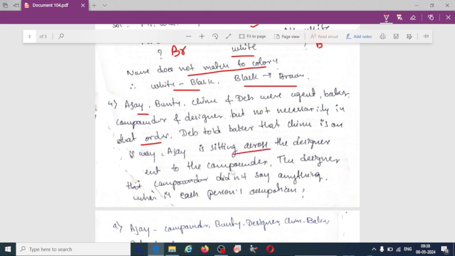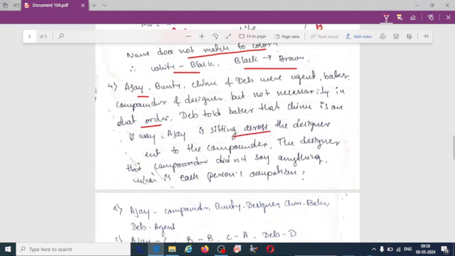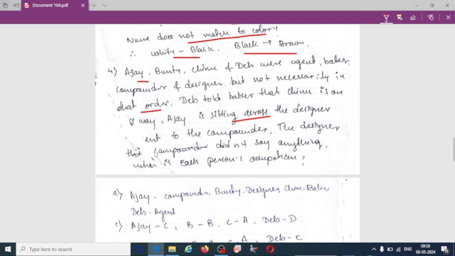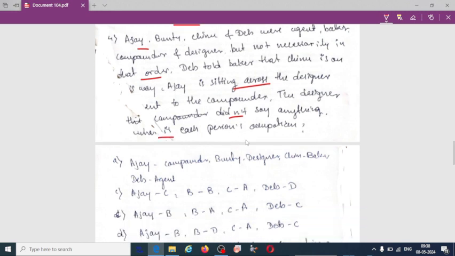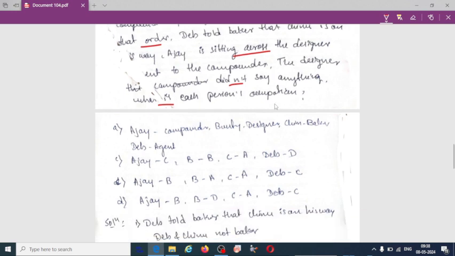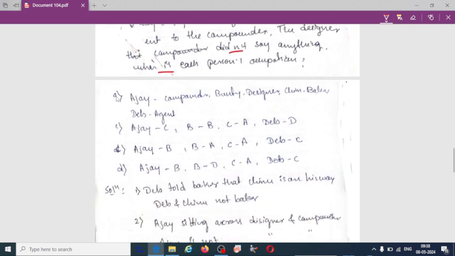Ajay is sitting across the designer, and the designer with the compounder. The designer didn't say anything when each person comes. Okay, so here 4 options are there.